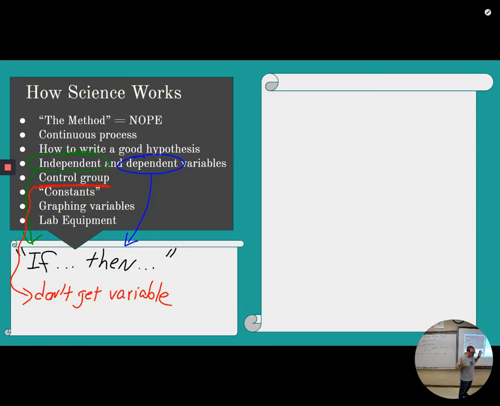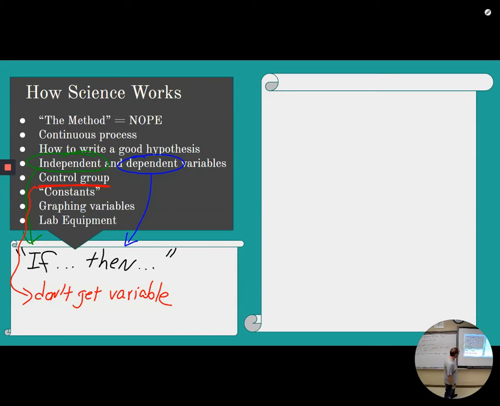I want to make sure they're all getting the same amount of sunlight. The temperature that they are in and the humidity that they're surrounded by is going to be the same. I want to keep everything else as close to identical as possible, so that I know that if there's a difference, it's because of the thing I'm testing, not because of some other randomness. I want to control that experiment as much as possible.